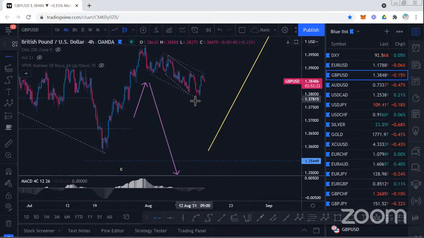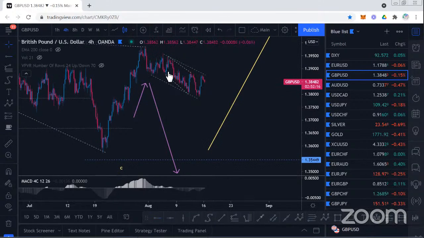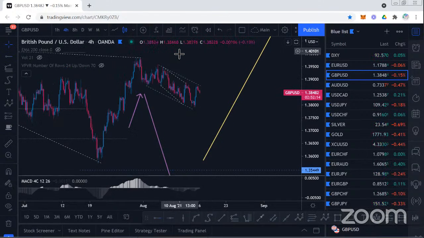But I still think an entry order below the low is still valid if you weren't taken into the previous one. If you were taken in, your stop should be above the high, or it's very close to being stopped out here. You may want to consider widening your stop on this one by a couple of point decimals of a percent, because there's potential for it to just come here.